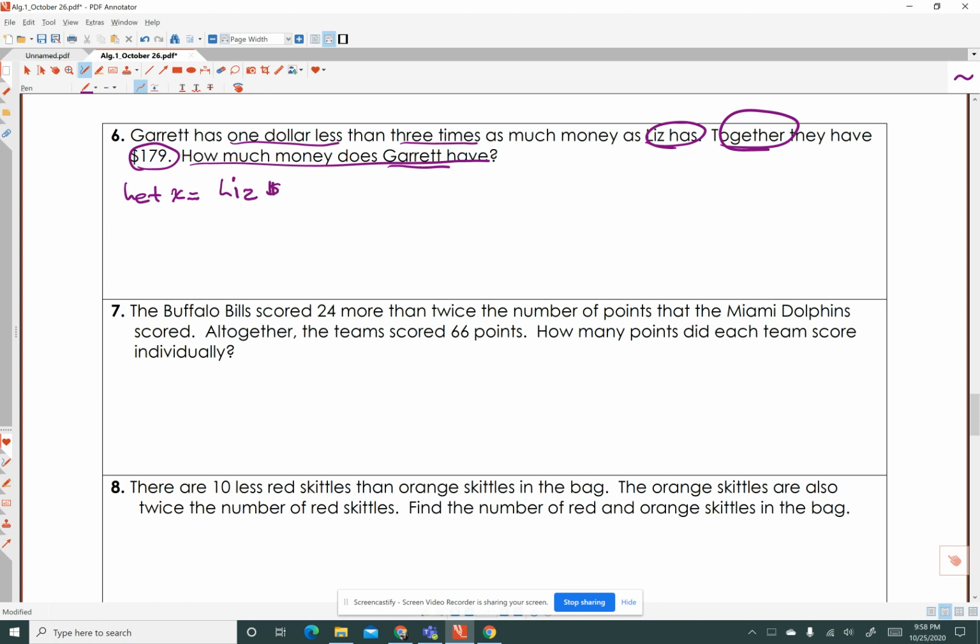And then Garrett's got 3 times as much as Liz, but $1 less. So $1 less than 3 times as much would be 3x, here's the 3 times as much, minus 1. That's the $1 less, and that would be Garrett's money.